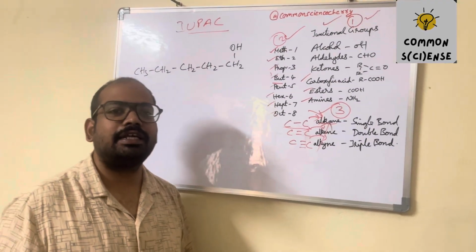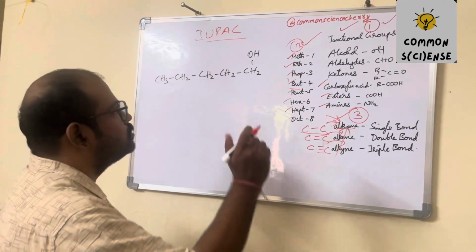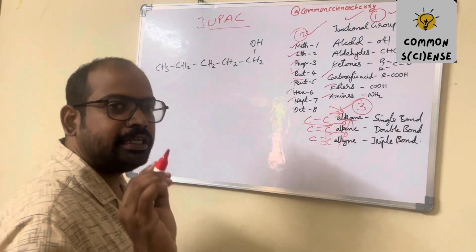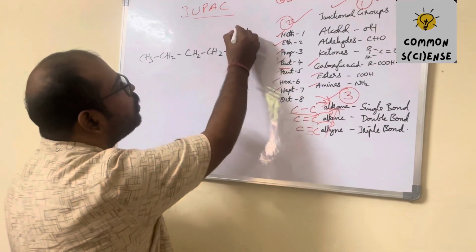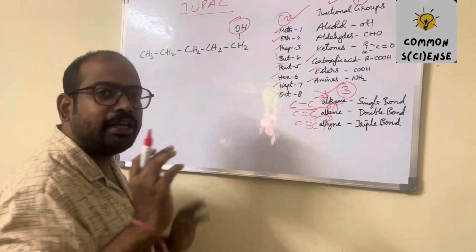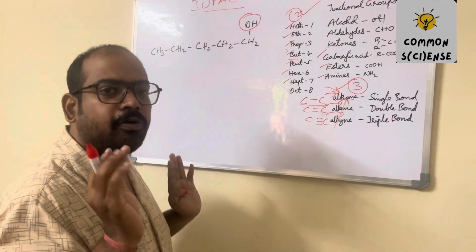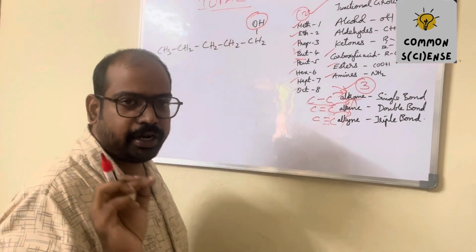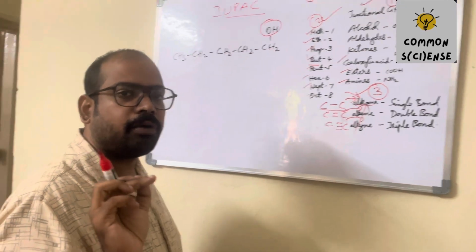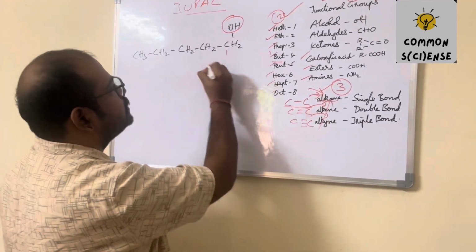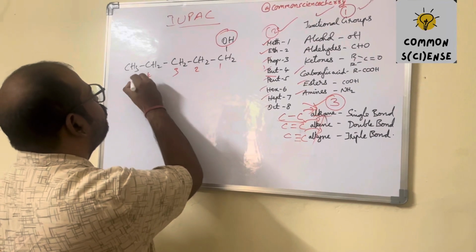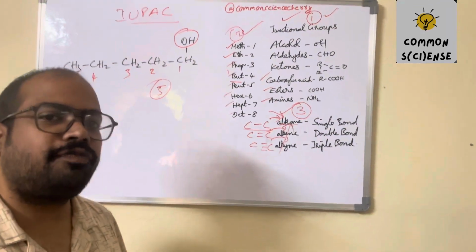Hello students, let us take another example. Now here you can see a functional group OH. Is OH on the left side or right side of the compound? It is on the right side. So you need to start numbering the carbons from the right side. It is 1, 2, 3, 4, 5. So now it has 5 carbons.